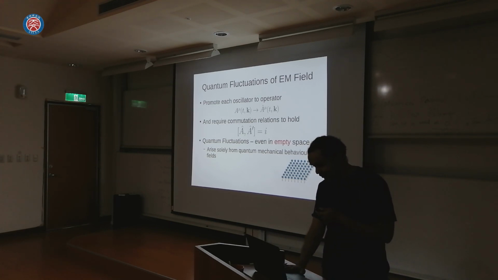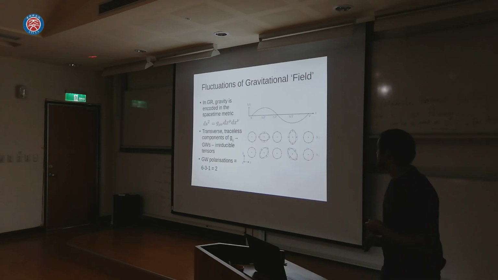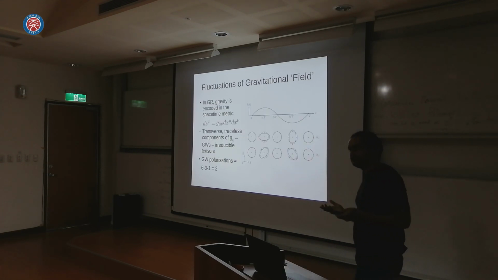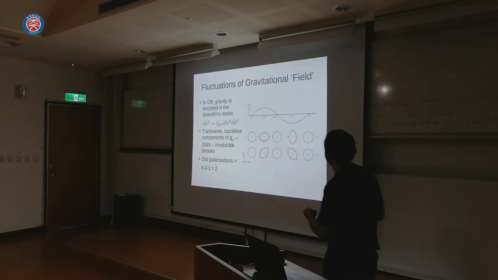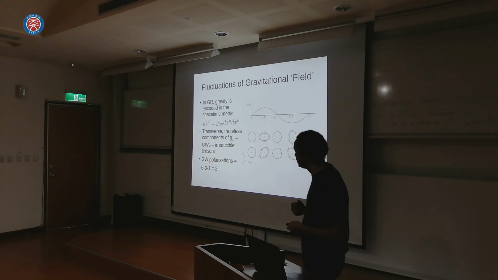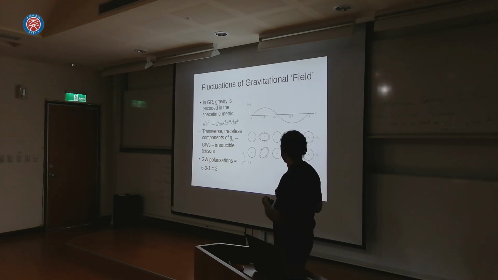So now let's examine what happens for the gravitational field. In general relativity, we all know that gravity is not a field per se, but it is described by the space-time metric, g mu nu.